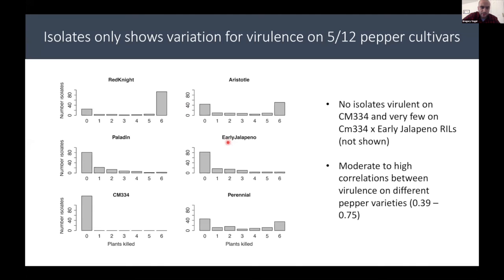We were surprised to see for Early Jalapeno a very similar phenotypic distribution compared to Paladin. Surprising to us because we assumed that Early Jalapeno was susceptible to these isolates. None of the isolates killed any plants of that serrano pepper from Mexico, CM334. But for the other source of resistance, the Indian hot pepper, many of our isolates were able to cause high levels of disease.